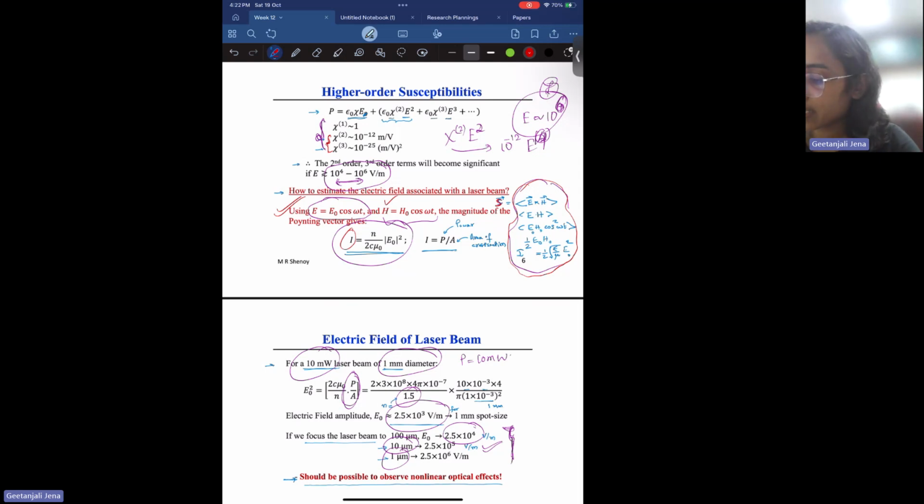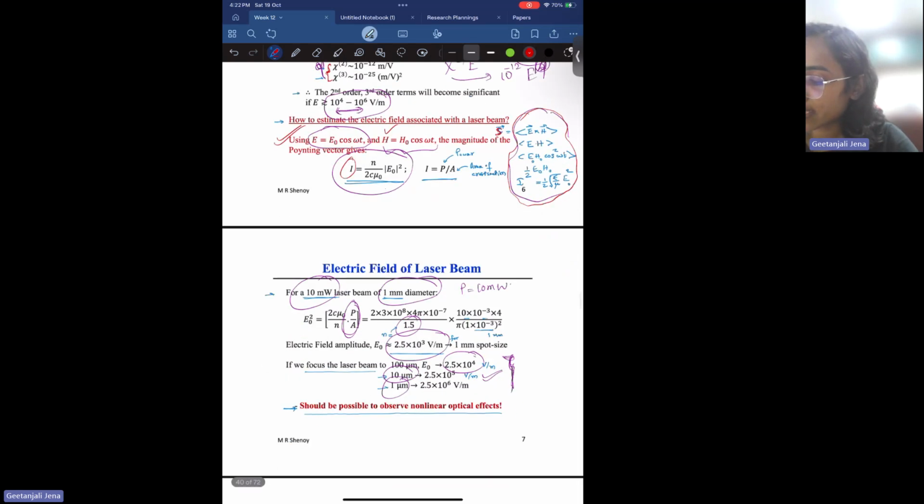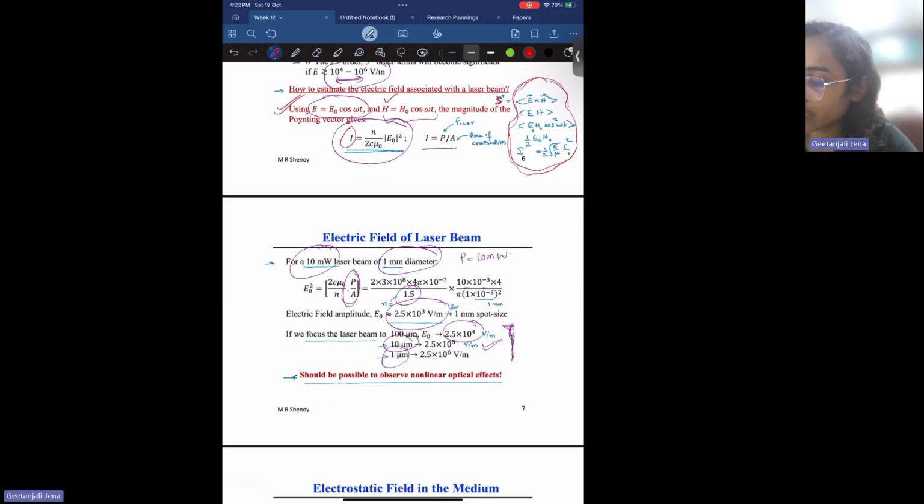And if you equate this expression to P by A, then you see that E0 square can be written as 2c mu 0 P by A divided by n.